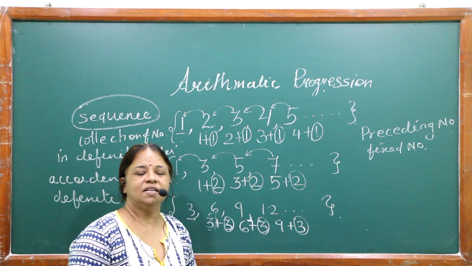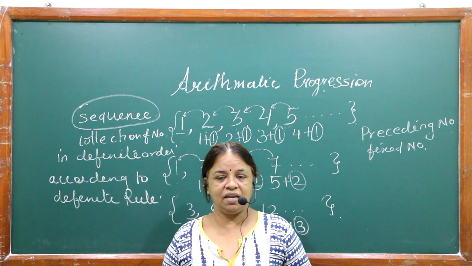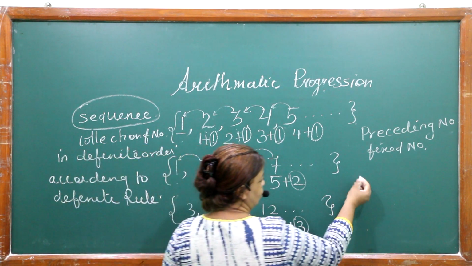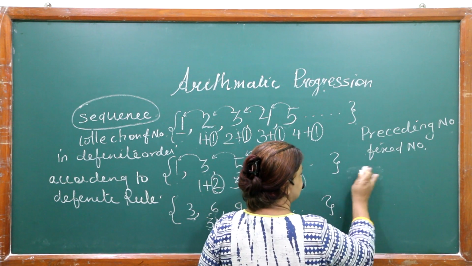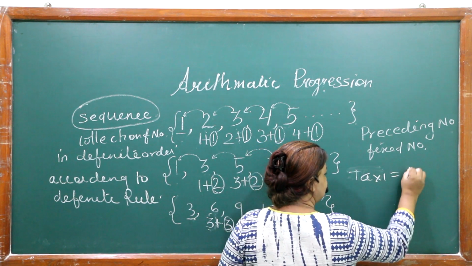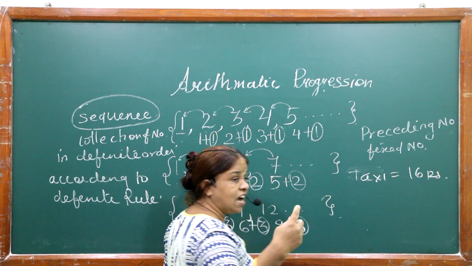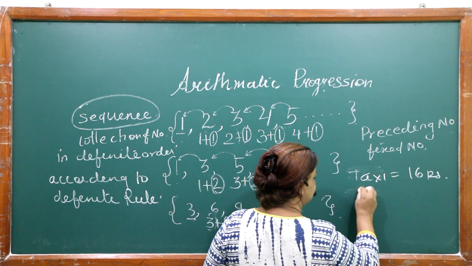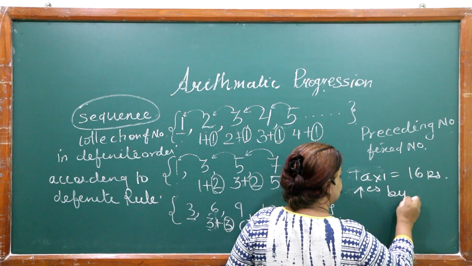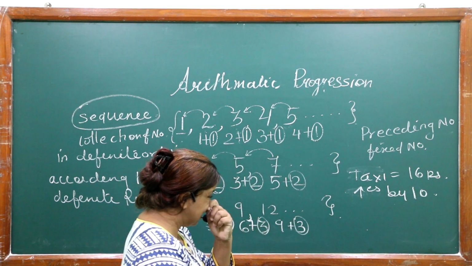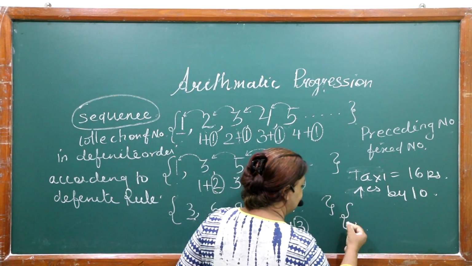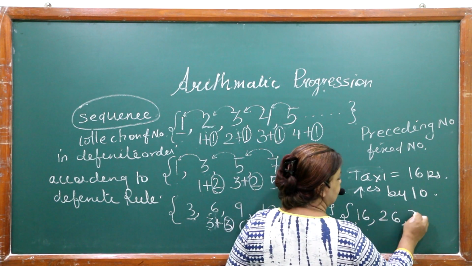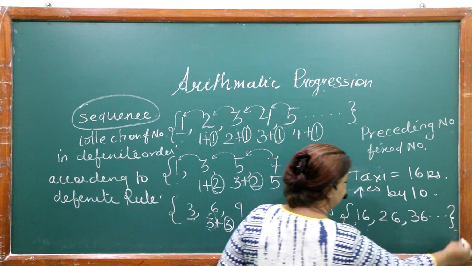Let us consider some of our daily life experiences. Now, if a taxi fare or charge is 16 rupees, and for every 1 kilometer further, the charge increases by 10, you can write that sequence easily, and that will be 16, then 26, then 36, and so on.